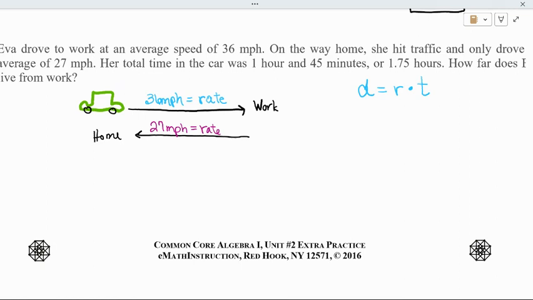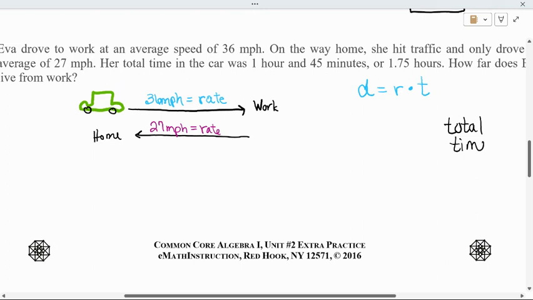We know her rate, her speed that she drove to work, and we know her rate or her speed that she drove home. We don't know the time on her drive to work. We only know the total time. We know that her total time is 1.75. Okay, so we're trying to figure out the distance.